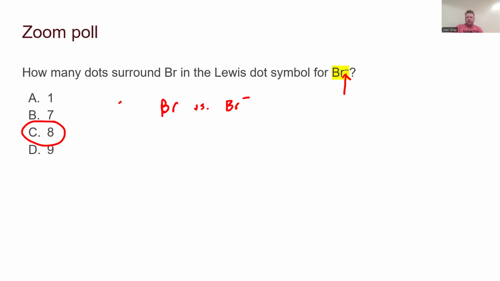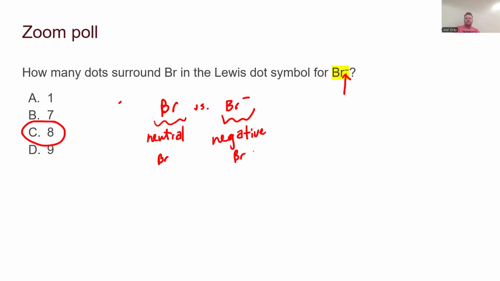It's pretty safe to say you can look at it and say, okay, well, no, they're different because one of them has a minus and one of them doesn't. Now that minus indicates negative. So this is a negative Br. This is neutral Br.